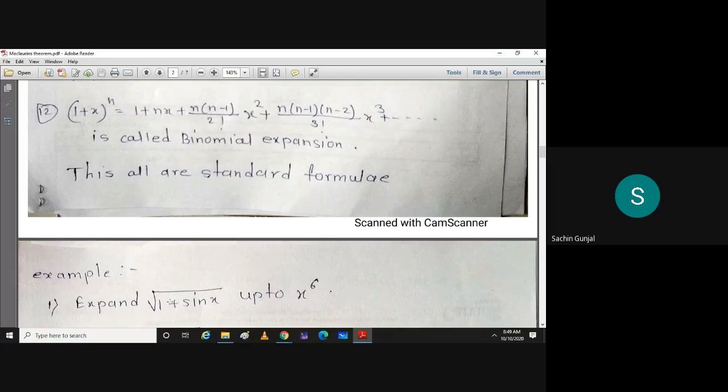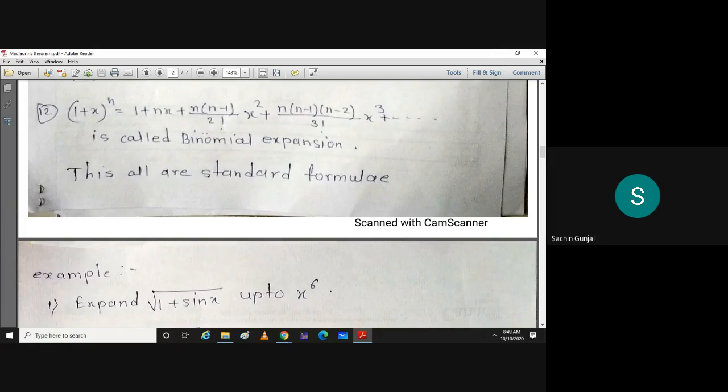So 1 plus sine x raised to half. That will be 1 plus n into sine x plus n into n minus 1 upon 2 factorial sine x bracket square and n into n minus 1 into n minus 2 upon 3 factorial sine x bracket cube, and so on.